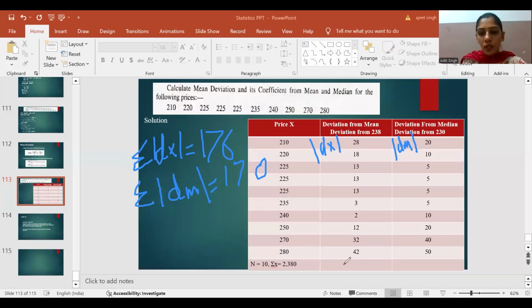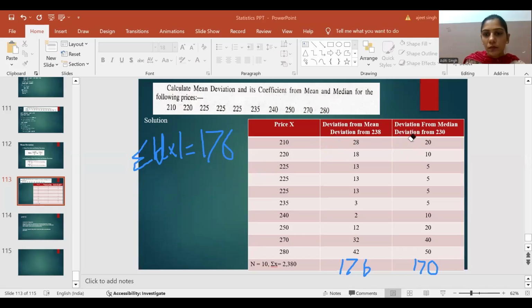So the values are 176, and this is 170. When we have to calculate the mean deviation, the formula is summation dx divided by n.